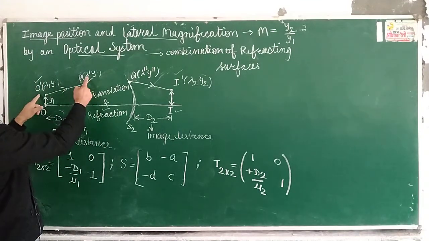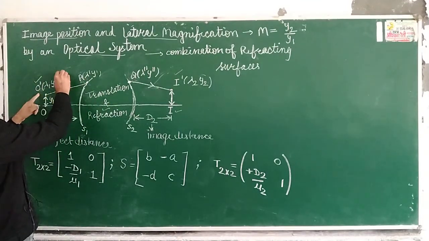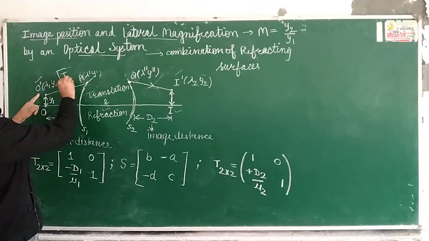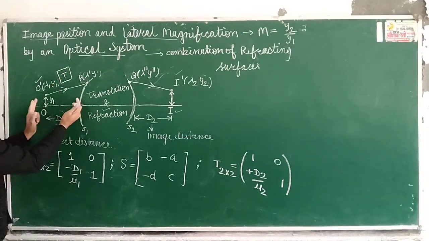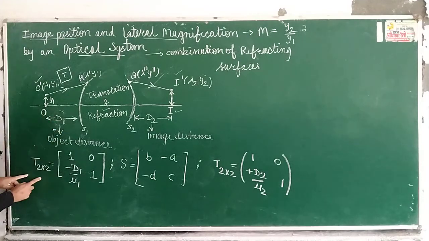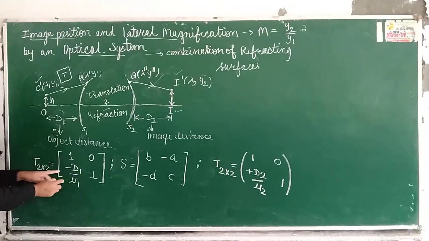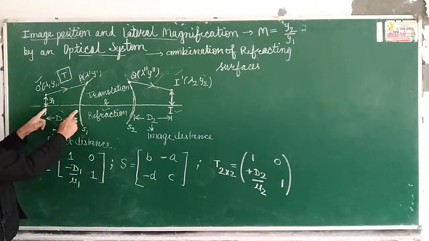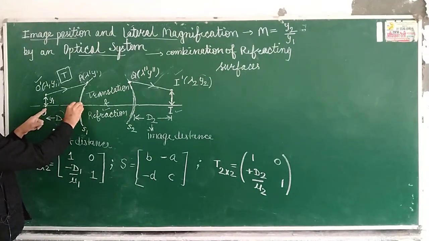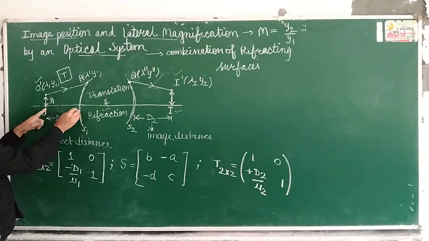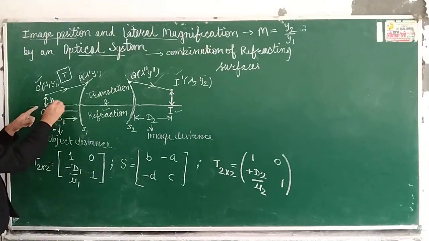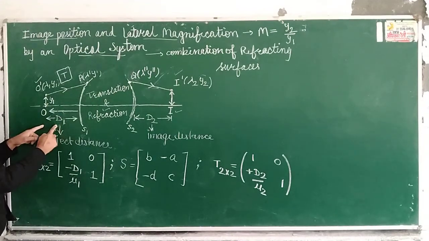So the coordinates of point P and point O dash will be connected by a translation matrix in the object space, which is given by this matrix 1 0 minus d1 by mu1, and d1 is taken negative because here the distances are measured from the pole of the refracting surface.